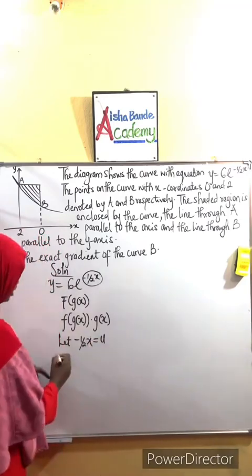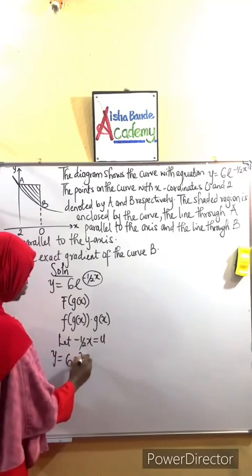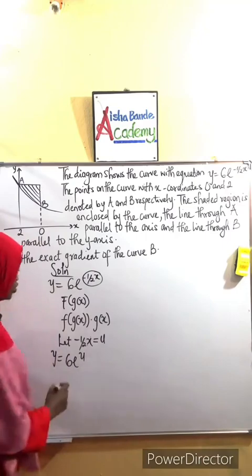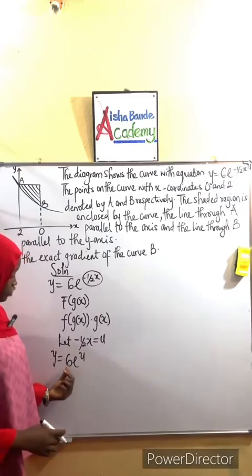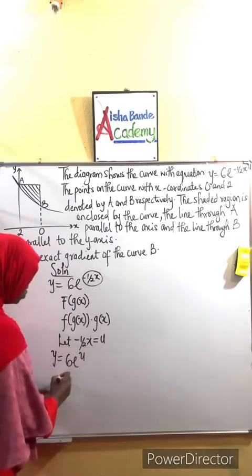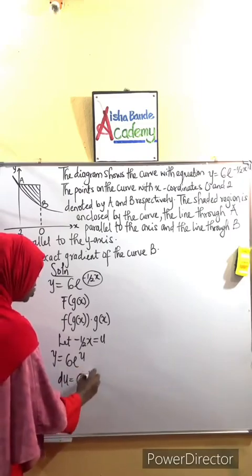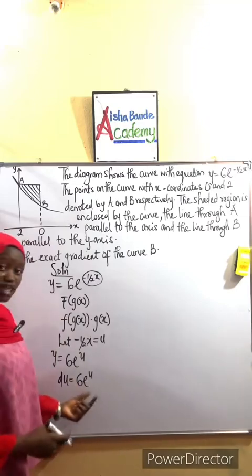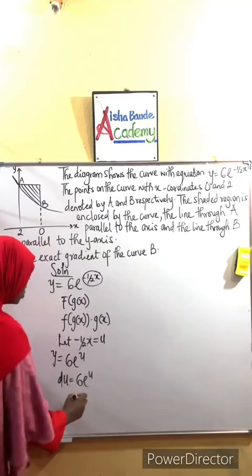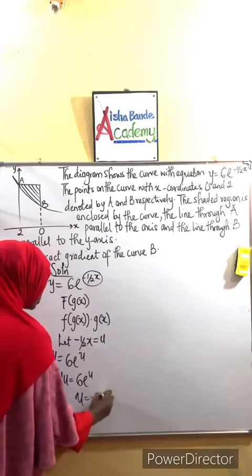So we have that y equals 6e raised to the power of u. Now let's differentiate this. The derivative of 6e raised to the power of u with respect to u is still 6e raised to the power of u. Then we multiply by the derivative of the inner function, which is u equals minus 1 over 2x.